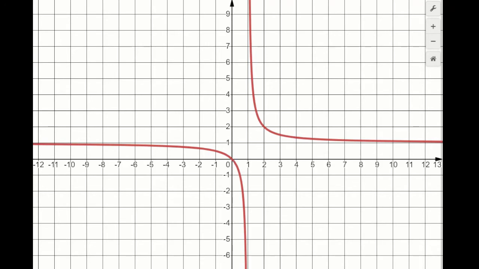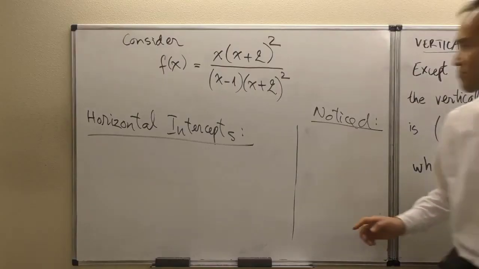This graph further has a hole at x equals -2, and needless to say, it shows a vertical asymptote right at x equals 1. All that information is consistent with our graph that was written down on the board earlier.